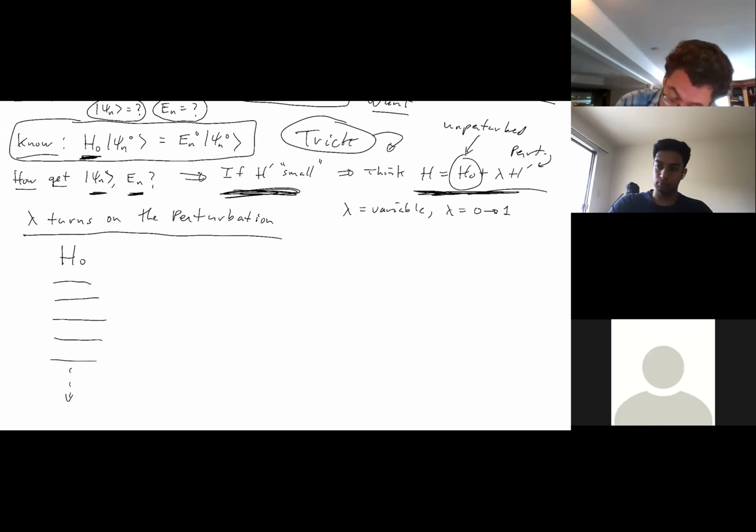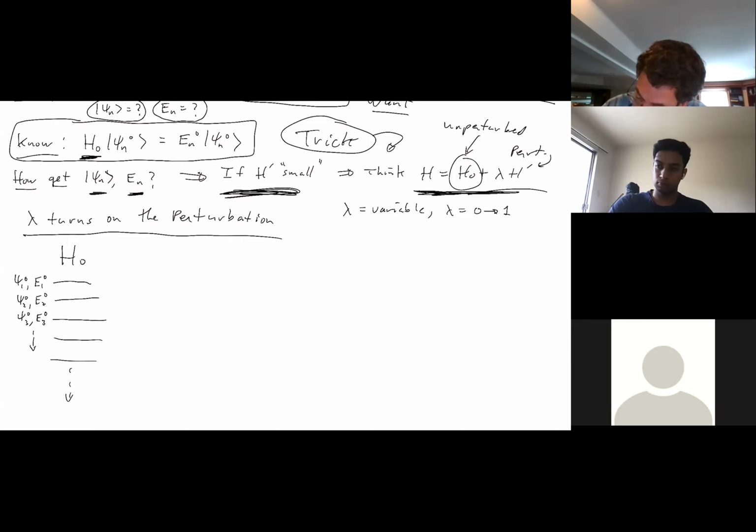It's very important. So I have this state, psi 1, E1, and I have my second state. These are the unperturbed states. My second eigenstate, psi 2, E2. I have my third one. These are my unperturbed eigenstates. And I know them all from last semester. But then I have this new perturbation.